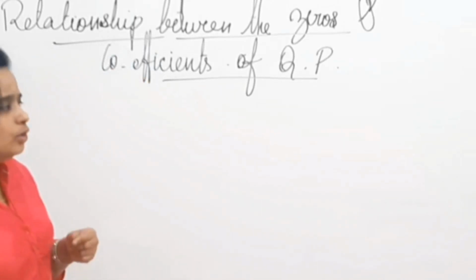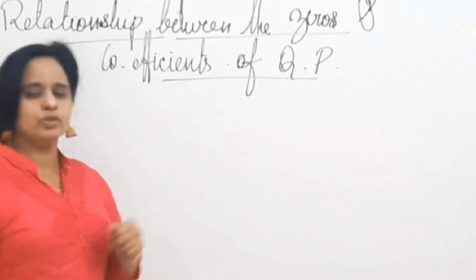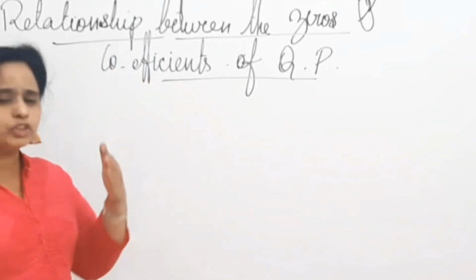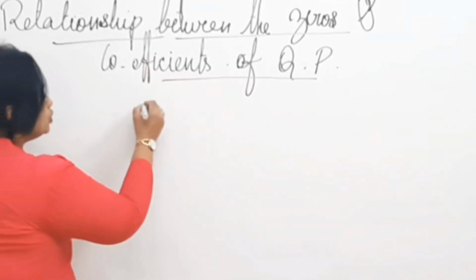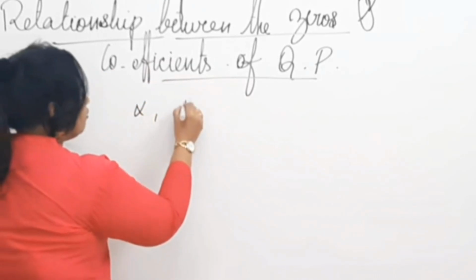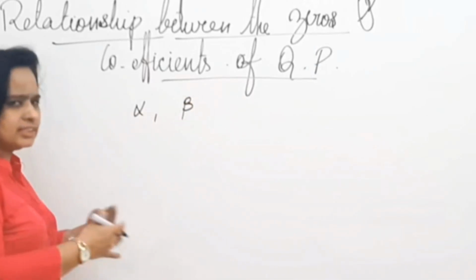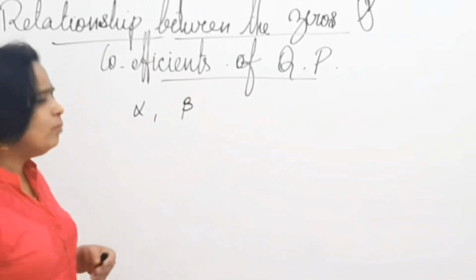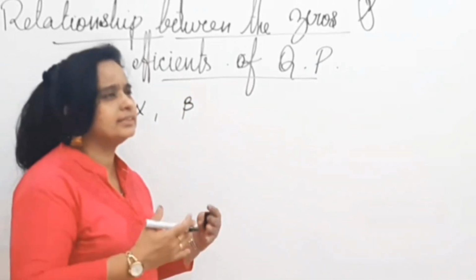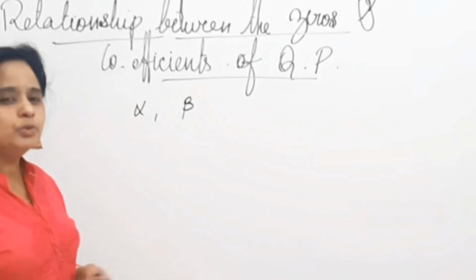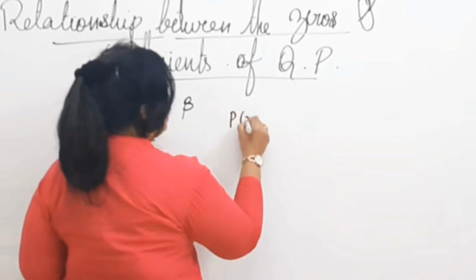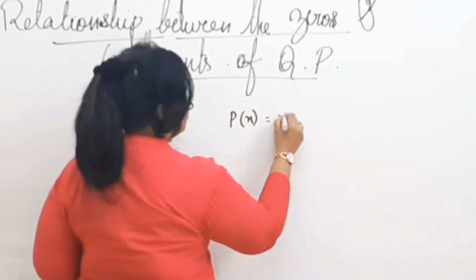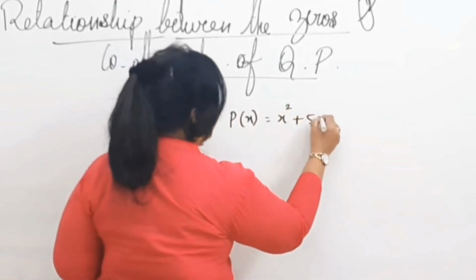Now, I told you there will be at the most 2 zeros for the quadratic polynomial. We define those 2 zeros as alpha and beta. We just give them names. Now what is this alpha and beta? Suddenly you are bringing up a new term. I'll give you an example. I told you one polynomial, p of x is equal to x square plus 5x plus 6.